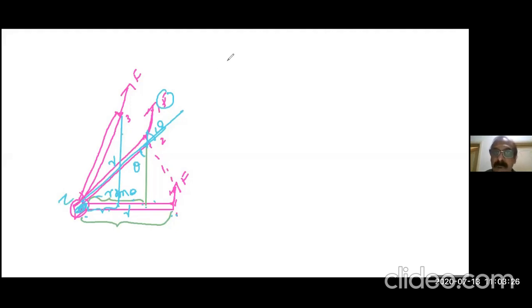Torque is usually marked by the letter tau. Actually, this is T, and this is tau. Tau is a Greek letter. Usually, the rotational effect of force, or torque, we represent by the symbol tau. So torque is equal to force into perpendicular distance. This is the formula.